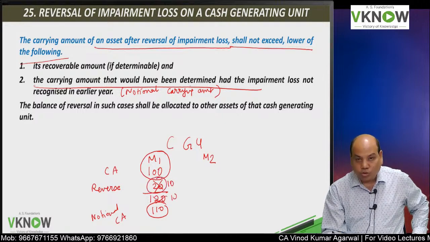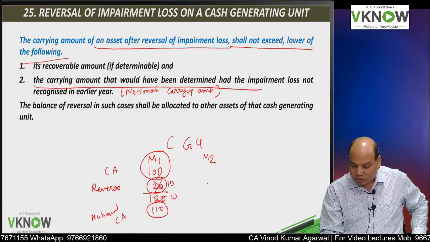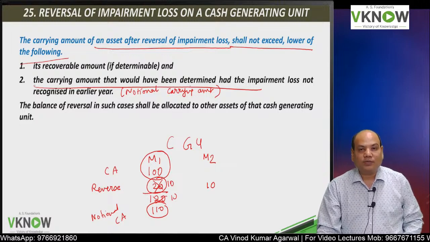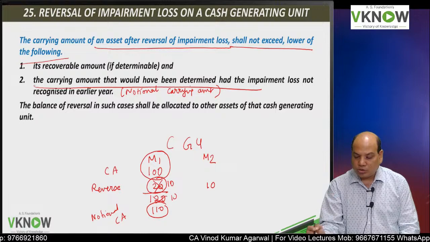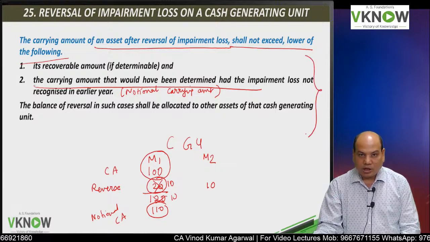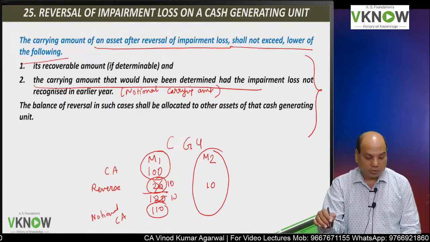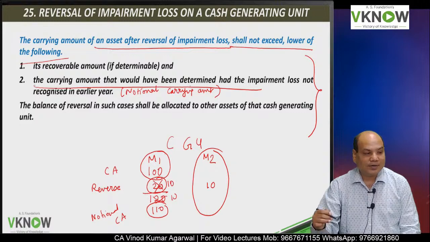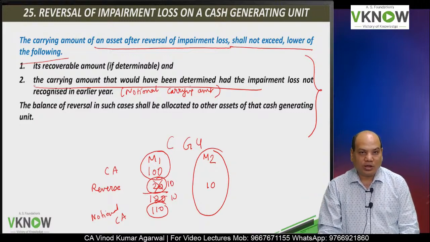And the 10 which could not be reversed in case of machine 1, you can use that for reversing impairment loss on machine 2, but subject to the same limit. After reversing impairment loss on machine 2 also, the carrying amount of machine 2 should not exceed the lower of the two, recoverable amount and the notional carrying amount.